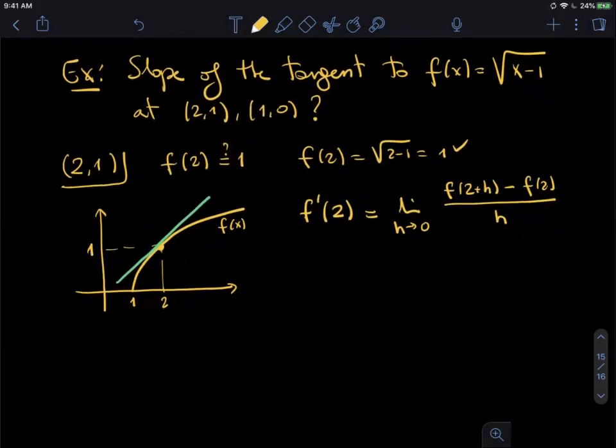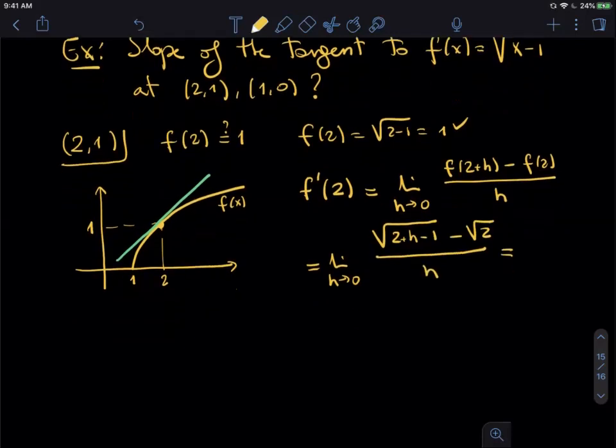And now we just need to plug in all the information. Let me create some space. So this is the square root of 2 plus h minus 1 minus the square root of 2 divided by h.